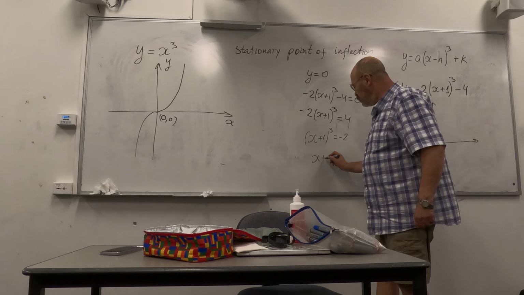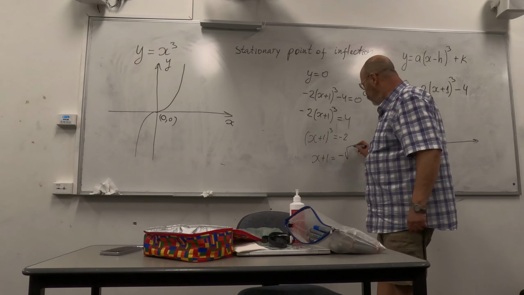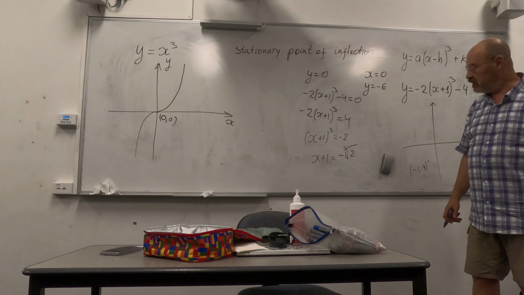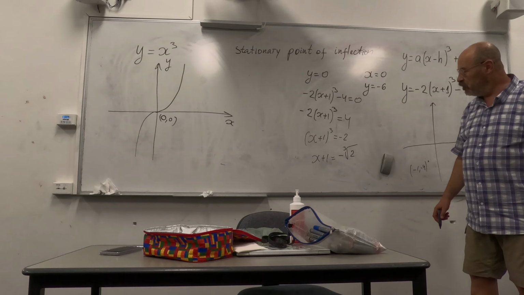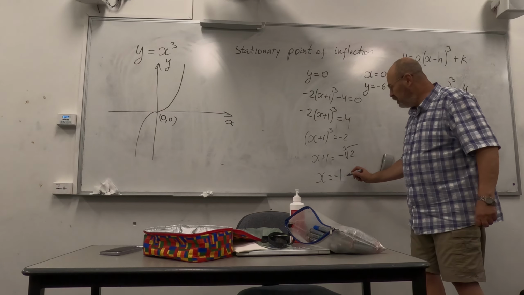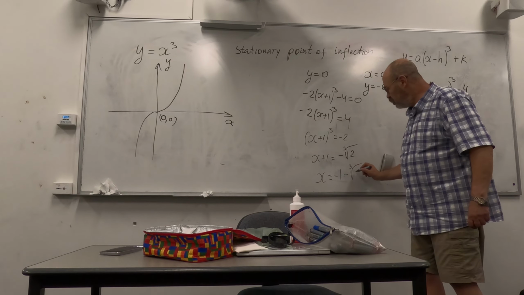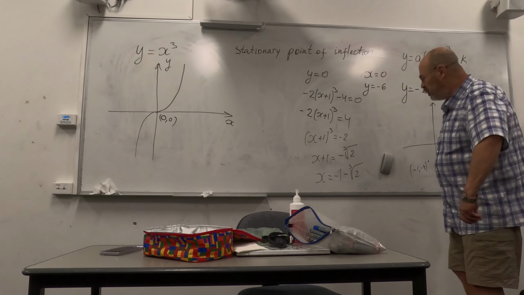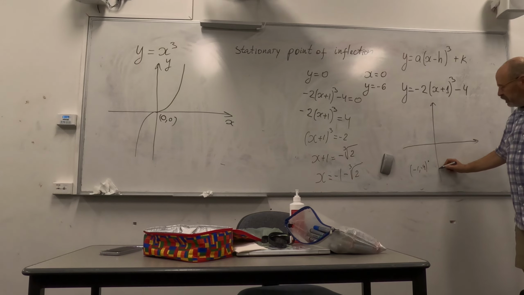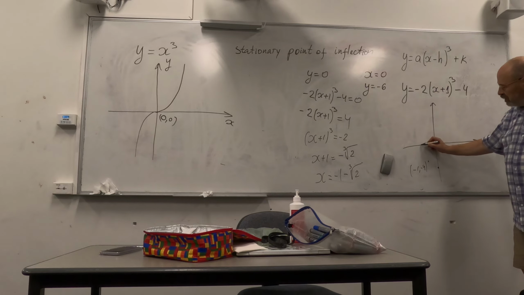So x plus 1 equals negative cubic root of 2, because the cubic root of -2 is the same as negative cubic root of 2. And so finally x equals -1 minus cubic root of 2, which will be something like -2 something. So we have -6 as the y-intercept and the x-intercept somewhere about here.